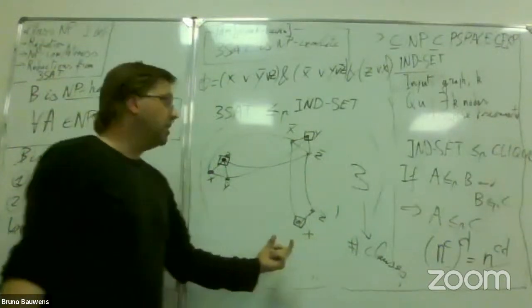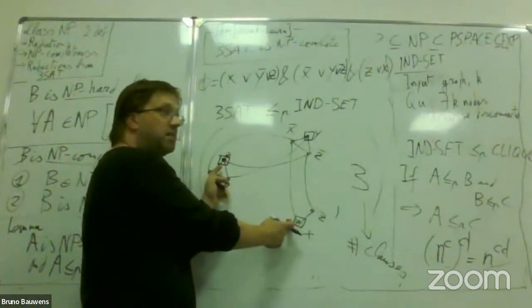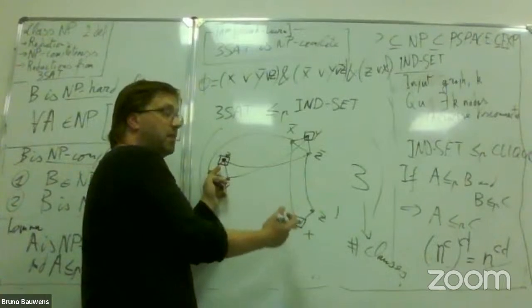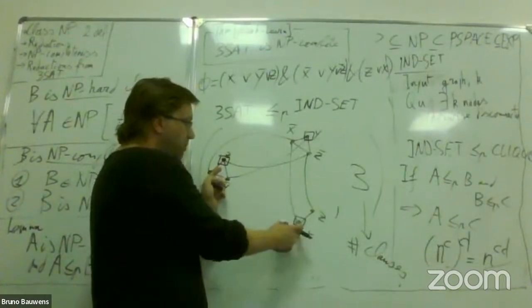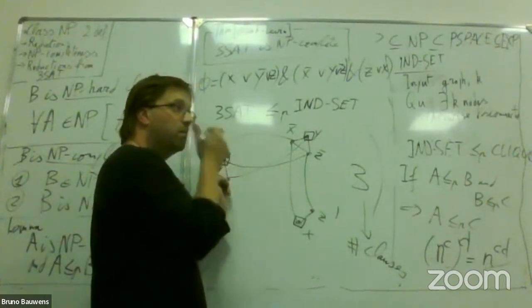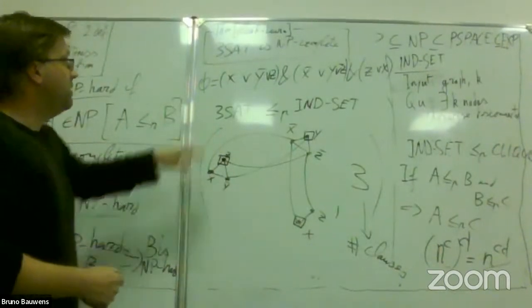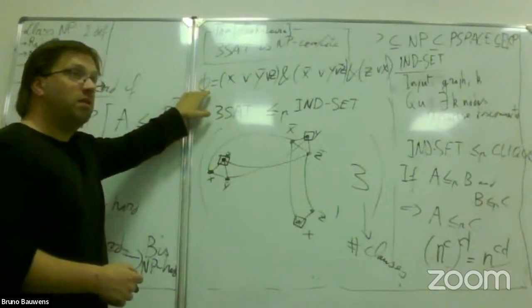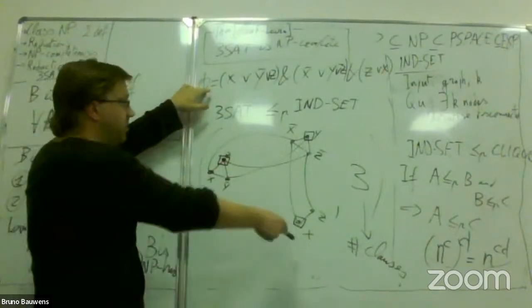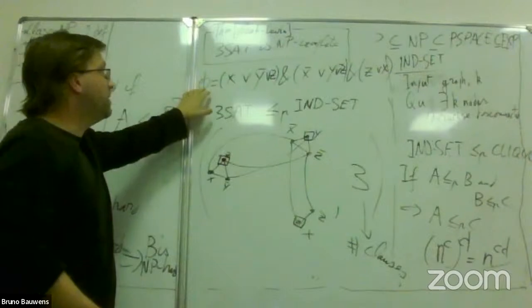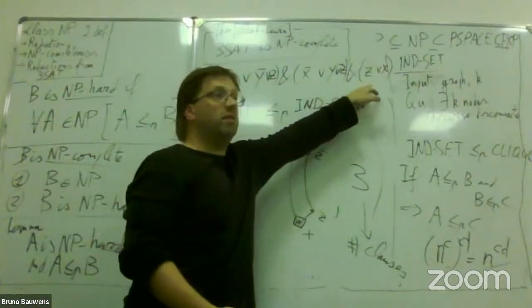This works because the property of independence guarantees that no variable is selected both by its value and its negation. And we are guaranteed that the formula is true because every selected literal is equal to 1, and there is such a selected literal in each clause.